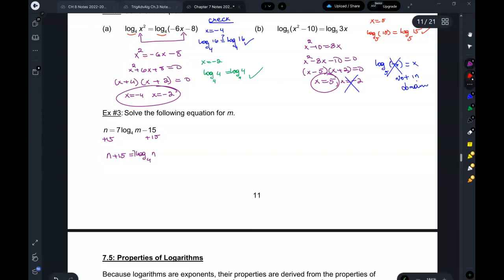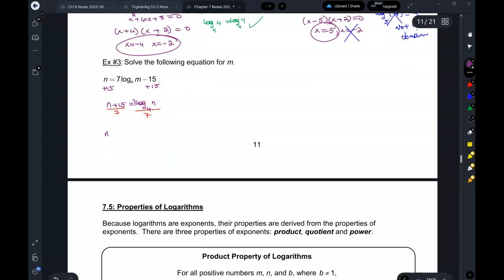Now I'm going to divide both sides by 7. So what does that equal? M plus 15 all over 7 is log base 4 of m.